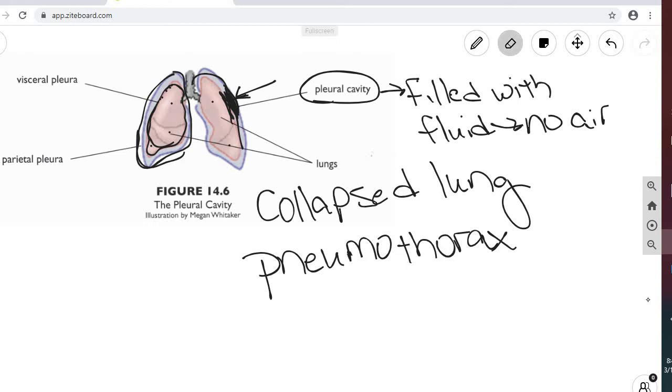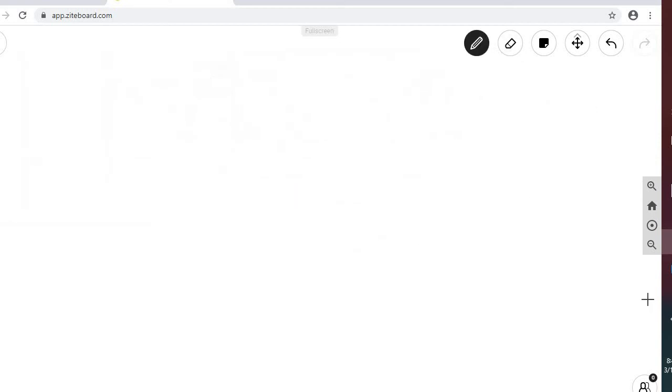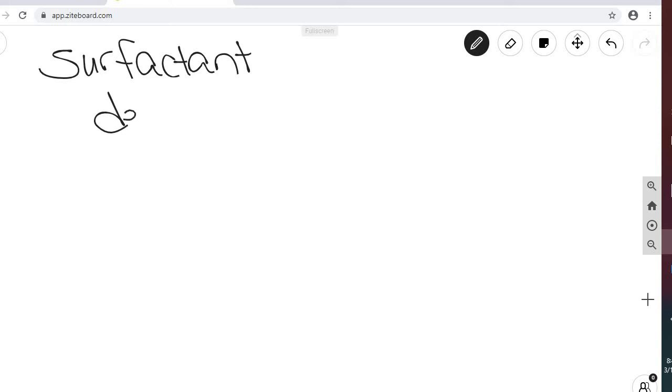You have perhaps heard of a substance that is called surfactant. Surfactant is a substance that is in the lungs, and it basically acts like a detergent. It has an end that likes to get close to the water, and it has an end that tries to stay away from the water.